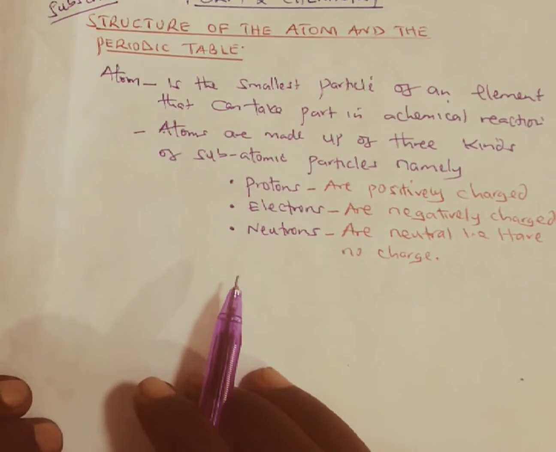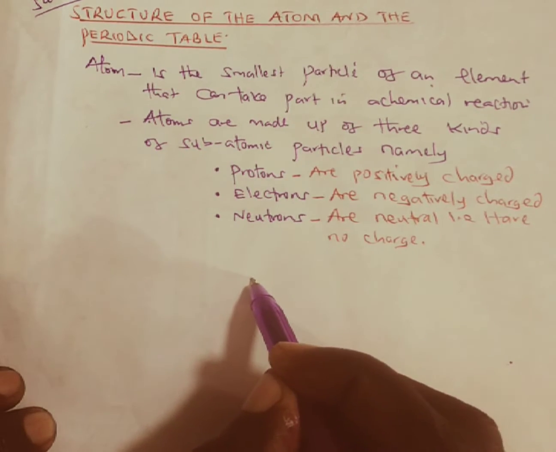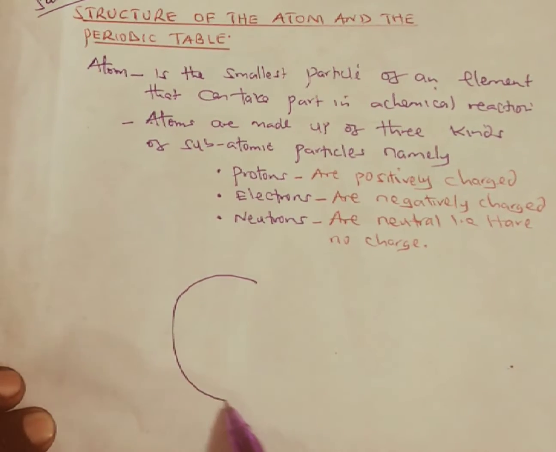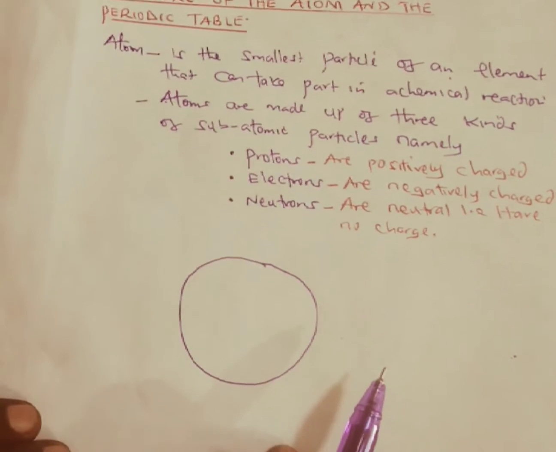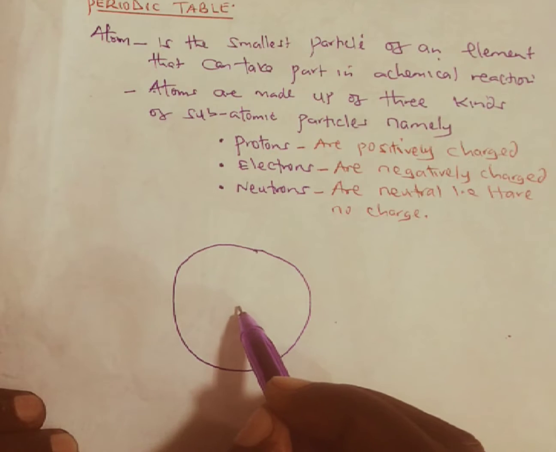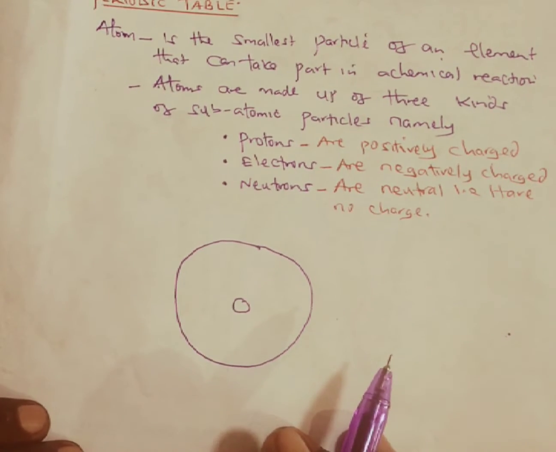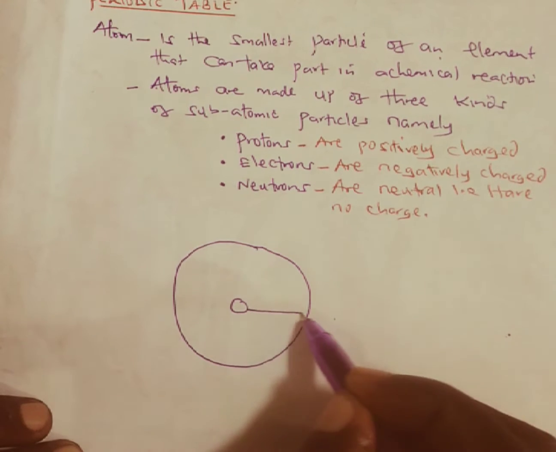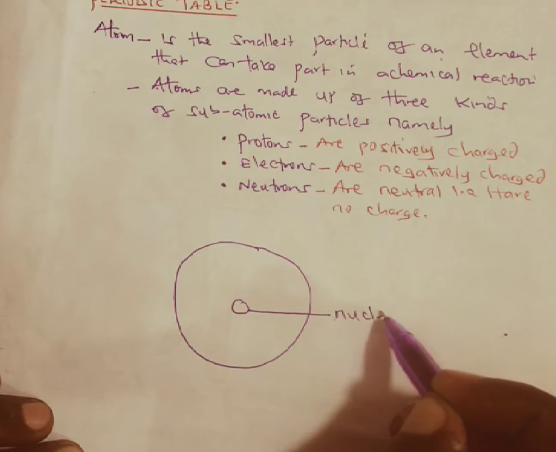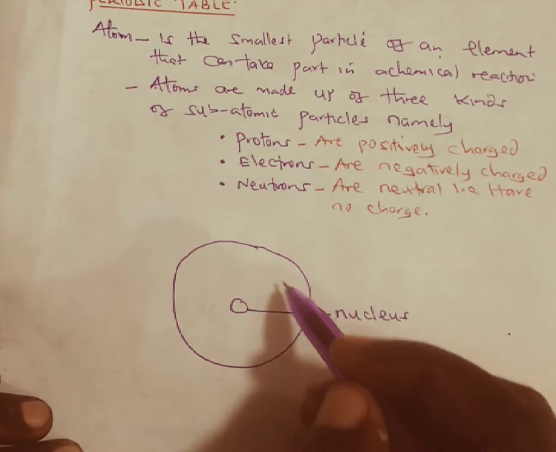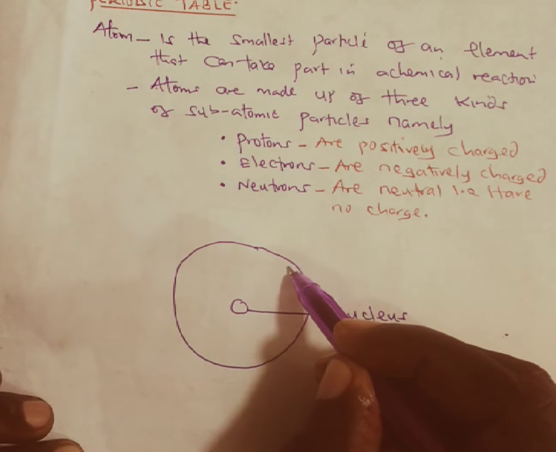So if we represent the structure of an atom, we are going to use this circular shape with a small part at the center, which represents the center of an atom, and the center of an atom is known as the nucleus. The outer part surrounding the nucleus is where we have the energy levels.